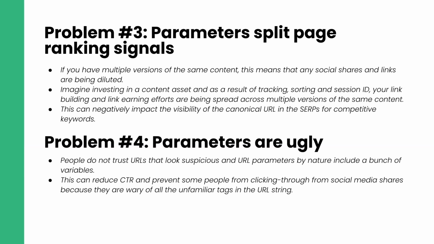So imagine investing in a piece of content, and as a result of tracking, sorting, or session ID, your link building and link earning efforts are being spread across multiple versions of the same content. This can negatively impact the visibility of the master URL in the SERPs for competitive keywords. Once again, you're confusing search engines about which page is the most important.